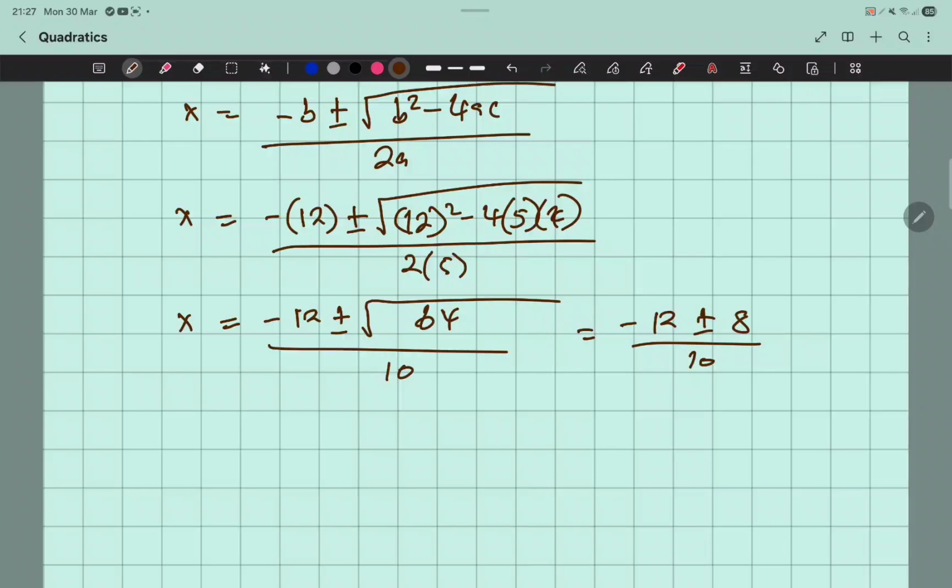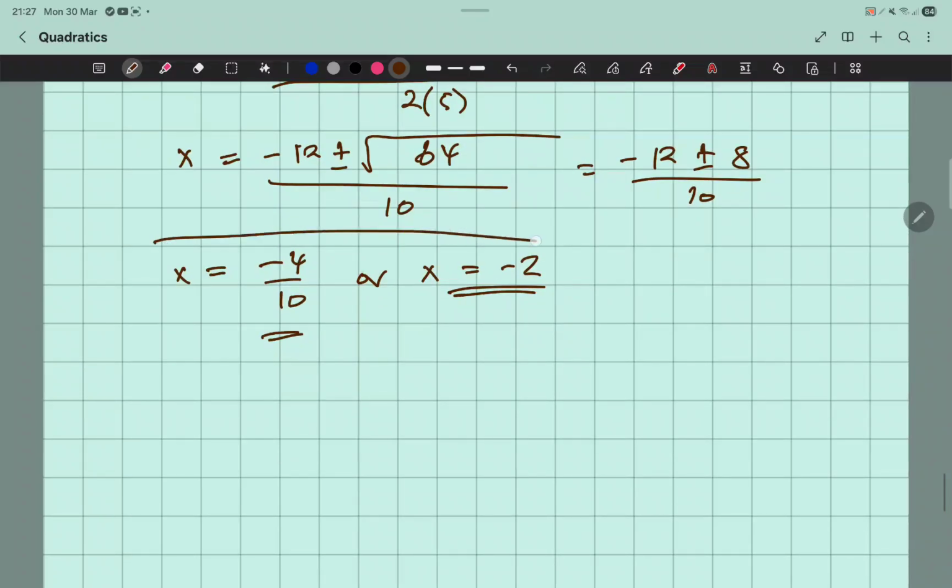Right, so minus 12 plus 8, that's negative 4. So x is equal to negative 4 over 10, or x is equal to minus 12 minus 8, which is minus 20, divided by 10, minus 2. So these are the results. So that will solve for x.